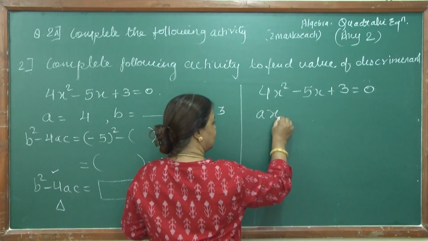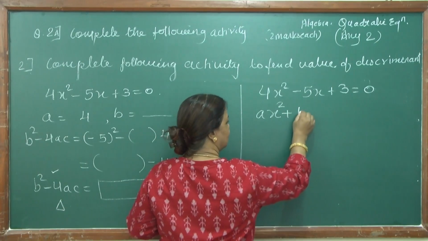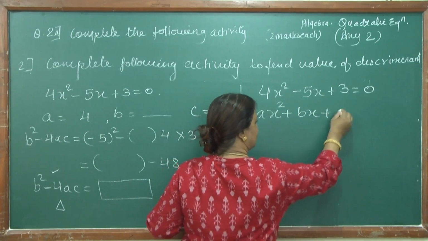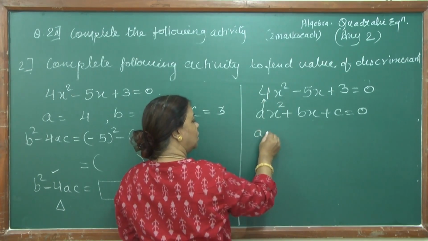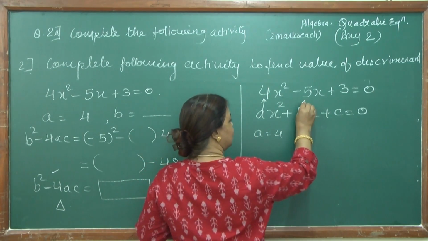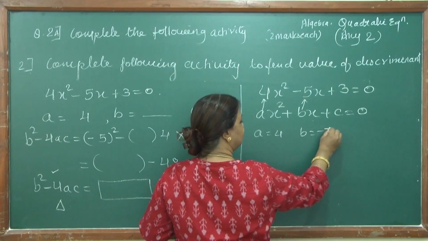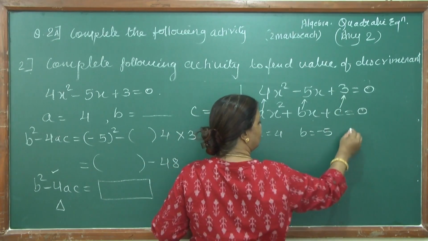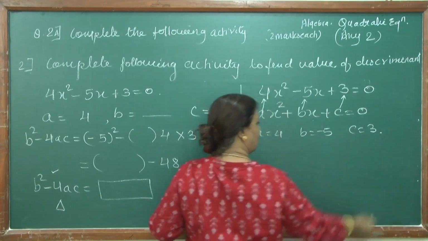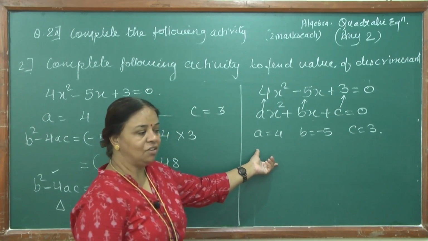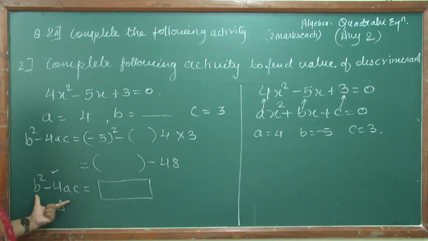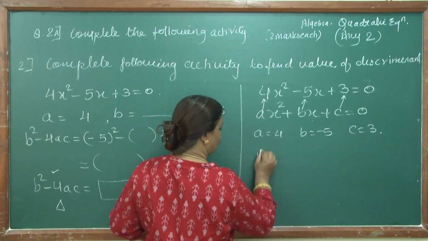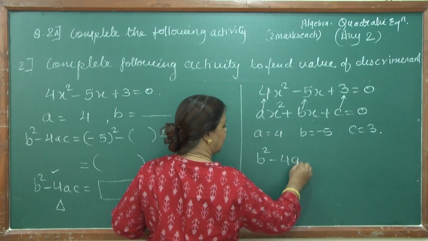The equation is ax square plus bx plus c equal to 0, where a is equal to 4, b is equal to minus 5 and c is equal to 3. I need to find out the value of discriminant. What is discriminant formula? See, here it is b square minus 4ac. So b square minus 4ac.